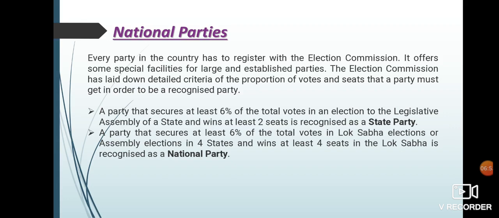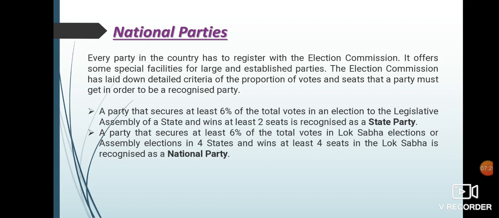Let us move to the next topic, national political parties. Every party in the country has to register with the Election Commission. It offers some special facilities for large and established parties. The Election Commission has laid down detailed criteria of the proportion of votes and seats that a party must get in order to be a recognized party.